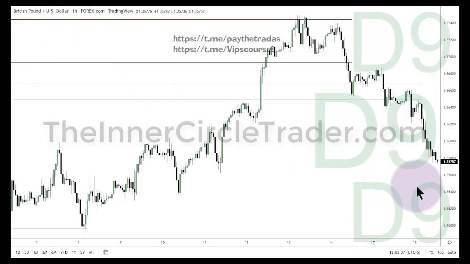Hourly chart on pound. Really nice consequent encroachment, imbalance. SIBI fills it. Trades aggressively lower. I like these lows in here as a next downside objective. So we'll look for, what's that, 135.30 we'll call it. 135.25, 135.30 in that vicinity.